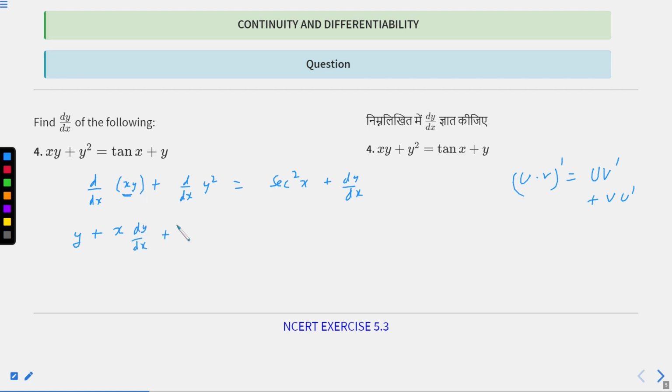Now this is the derivative of the inside thing, which is dy over dx. Now sec square x plus dy over dx.